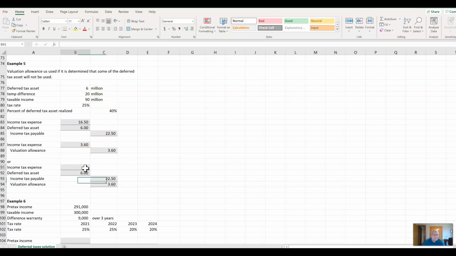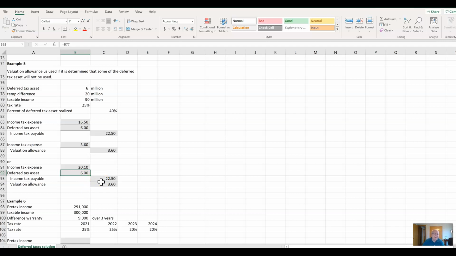And then the income tax expense is what makes it balance, so the 20.10, and it's those two added together. Either one of these is acceptable. This is the 2 journal entry method. This is the 1 journal entry method. You just simply combine the two.